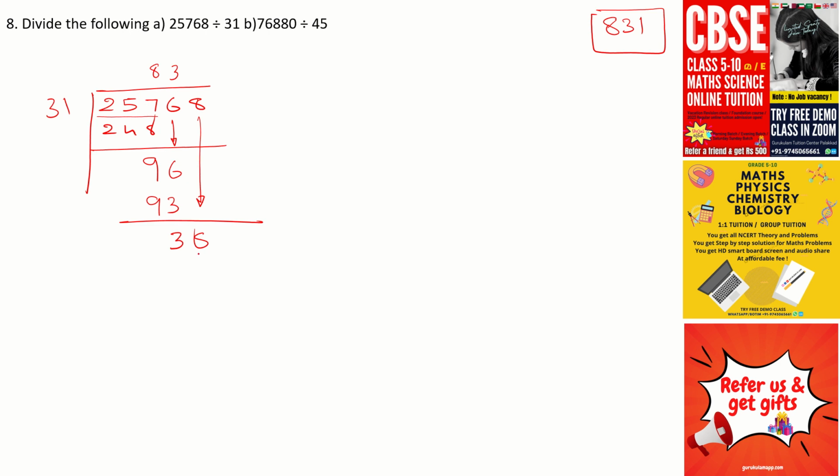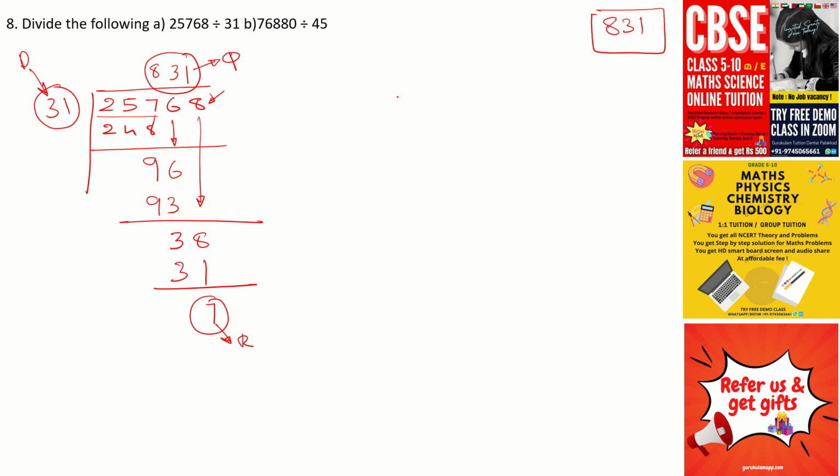So only one time you can do that. So 31 here, and 38 minus 31 is going to be 7 here. So you can say this is the quotient, this is the remainder, this is the divisor, this is the dividend.